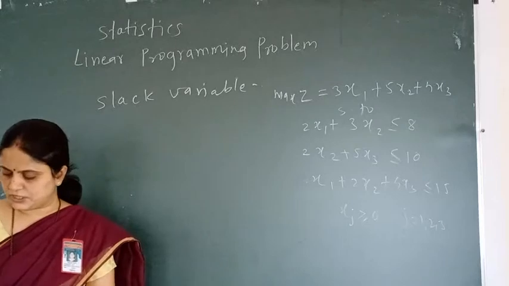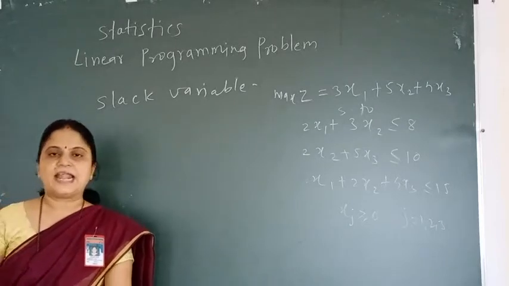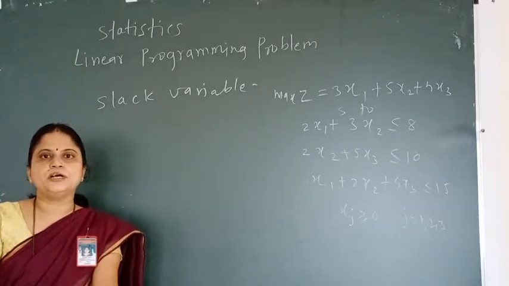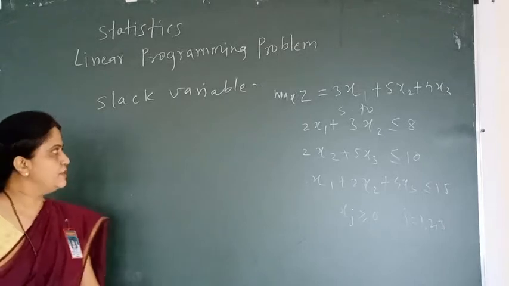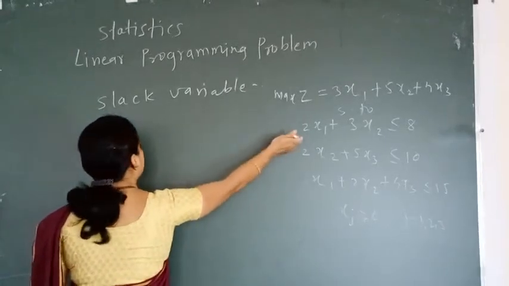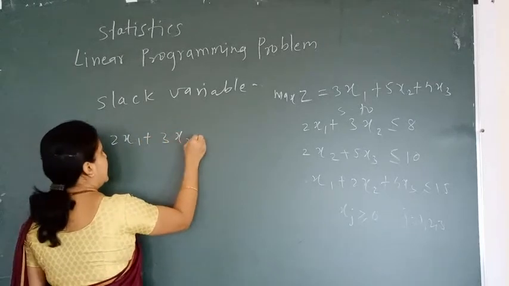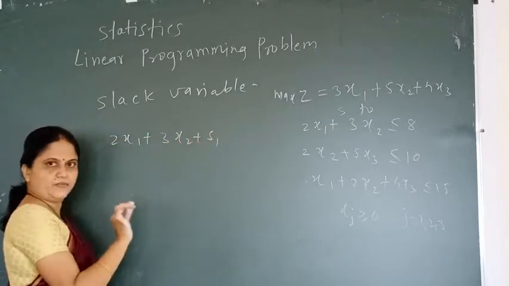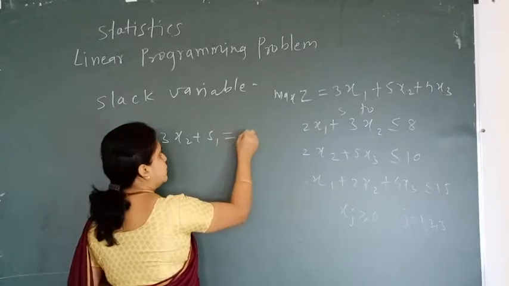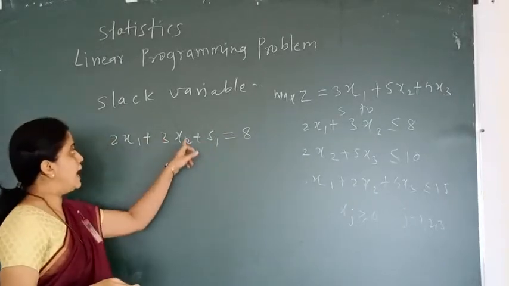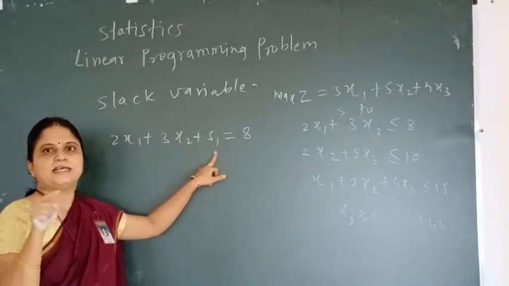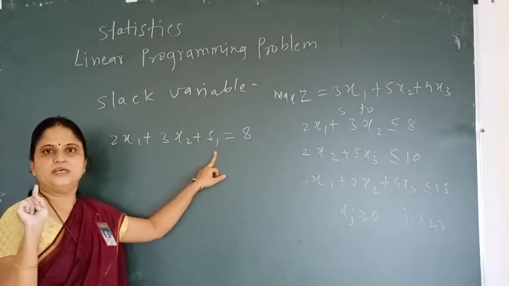So the definition is: a slack variable is added to the less side of the constraint, and hence the equation becomes, suppose this is my first constraint, then I have to add, say, S1. S1 is my slack variable, so that the constraint equals 8. So I can add some quantity so that my less than or equal to type is converted to equality.